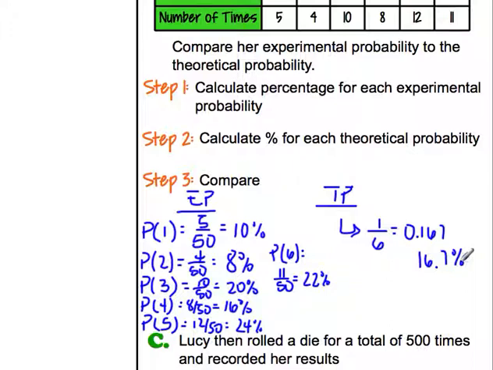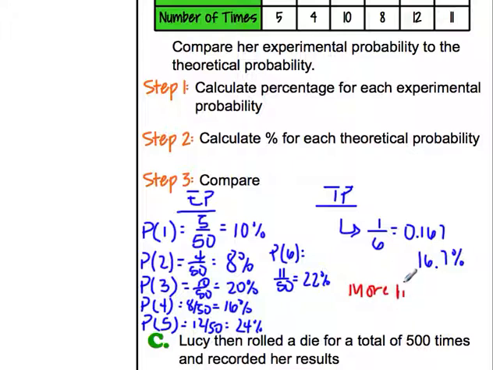It varies, but I would make the comment that it's more likely that we're going to get a 5, a 6, or a 3, because those are the highest ones.